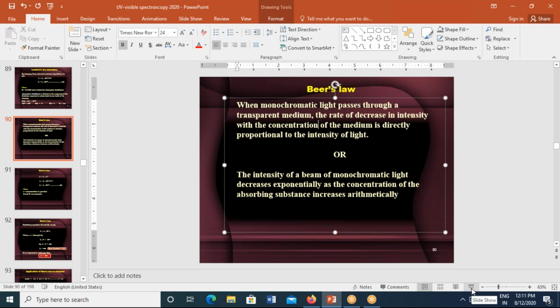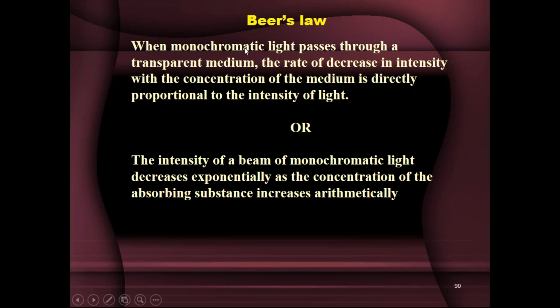So you will have to remember the definitions exactly. So the Beer's law states that when monochromatic light passes through a transparent medium, the rate of decrease in intensity with the concentration of the medium is directly proportional to the intensity of light.